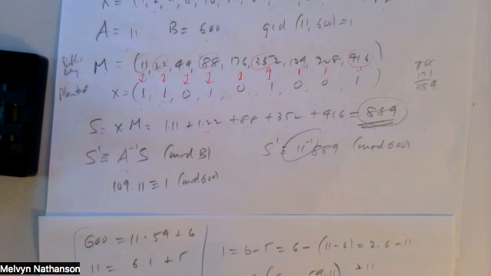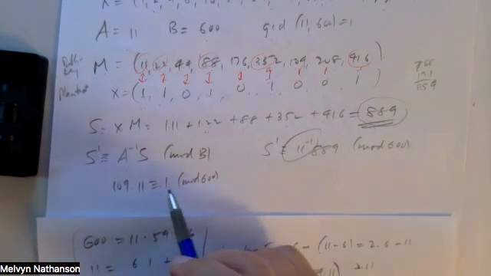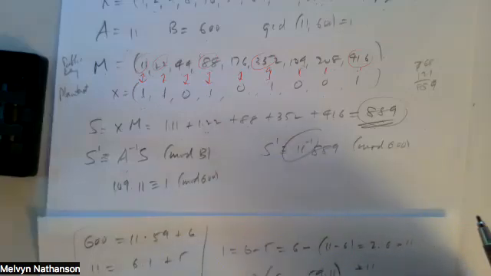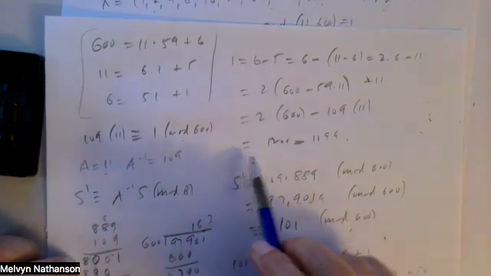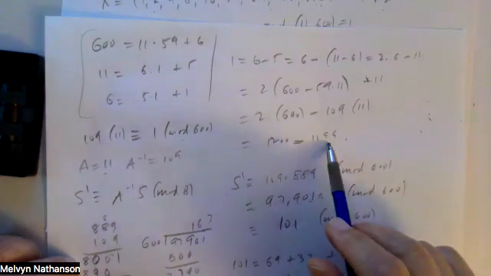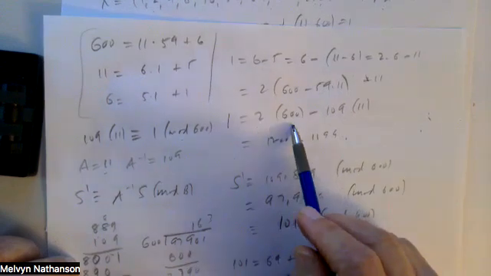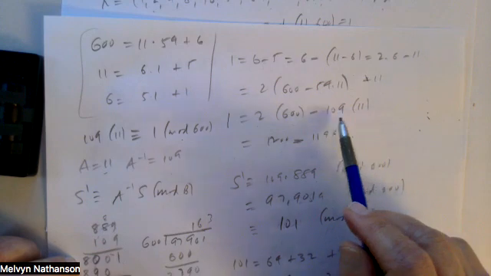Oh, I think that's my mistake. 109 times 11 doesn't leave a remainder of 1. How did I get that? Oh. One is 1200 minus 1199. So one is 2 times 600 minus 109 times 11.